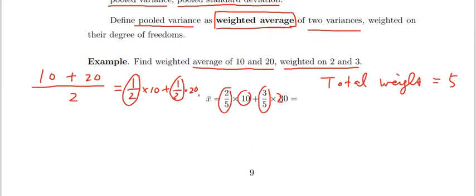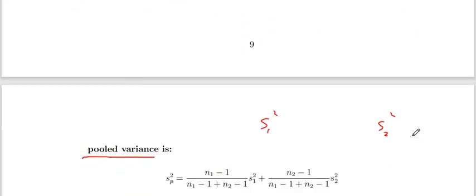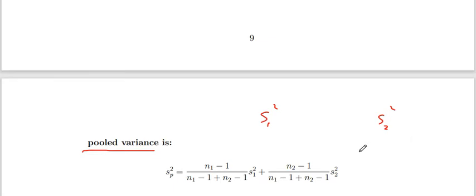S1's degree of freedom is n1 minus 1, and S2's degree of freedom is n2 minus 1.